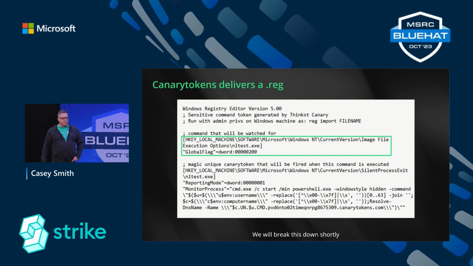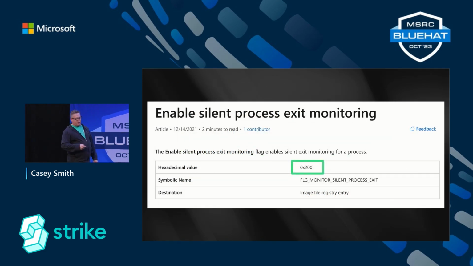It's just essentially we've used the Image File Execution Options with the debugger flags here. So this is what it looks like if you were to open it in Notepad. It looks a little bit scary for folks when they look at that monitor process command, and we're just doing some regex there to remove the non-DNS characters and change case and stuff like that. And then at the end is the DNS lookup for the alert. So what does that 200 mean?